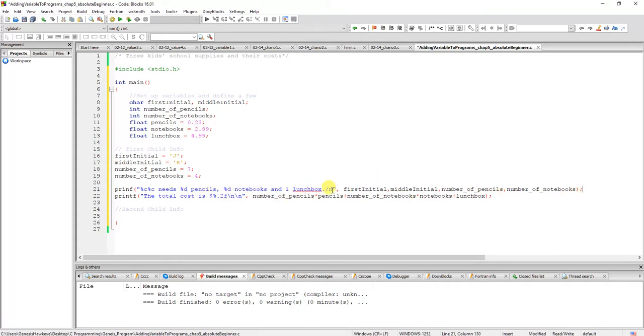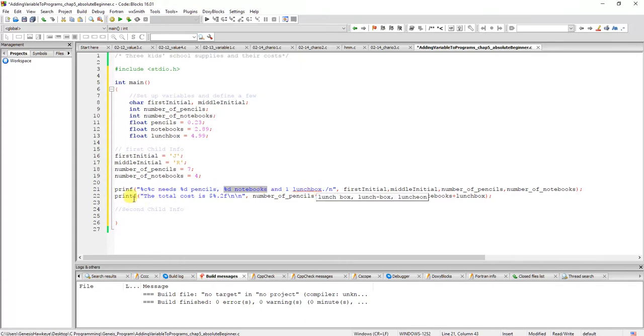That's what we wanted to say here. It's going to give us this output: JR needs 7 pencils and 4 notebooks and 1 lunchbox.